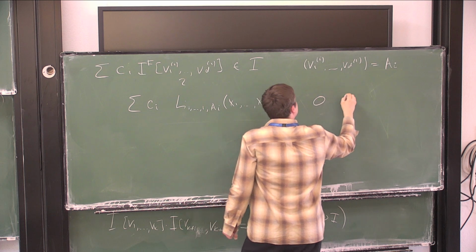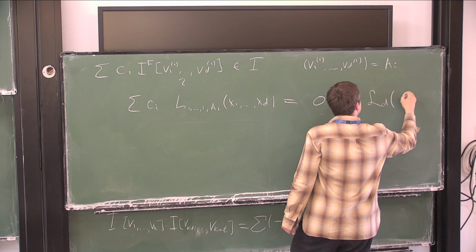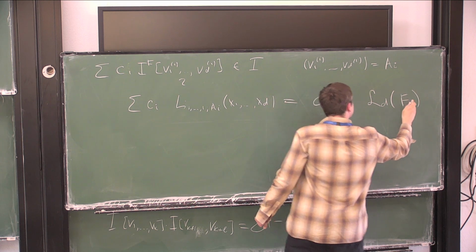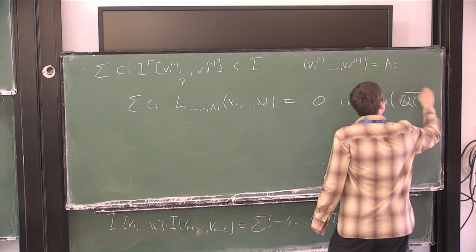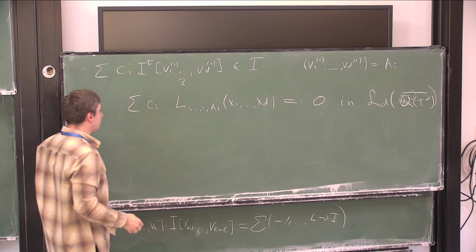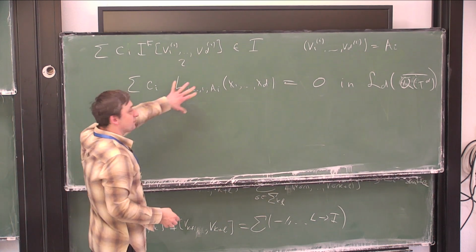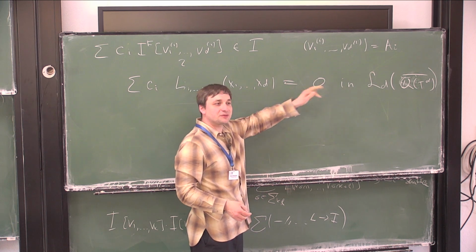It is zero in LD of this huge field, for which I don't have good notation, but it's some field containing all algebraic functions on the torus. This is an actual identity, except modulo lower depths and some other stuff which I ruled out at the very beginning.